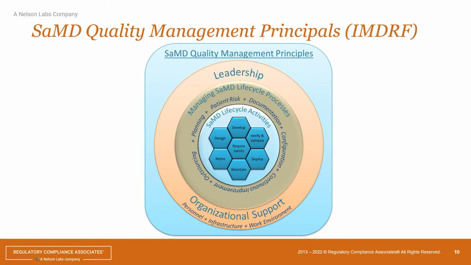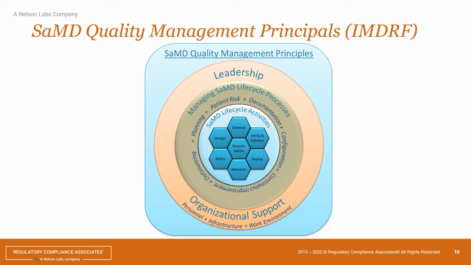So let's just jump into the quality system management that IMDRF has come up with and specialized. So what they did was basically took the ISO 13485 and then kept in mind what you have to do in software, and then they have linkages back to ISO 13485, but it's more specialized for software as a medical device. And they have it in 3 rings basically.